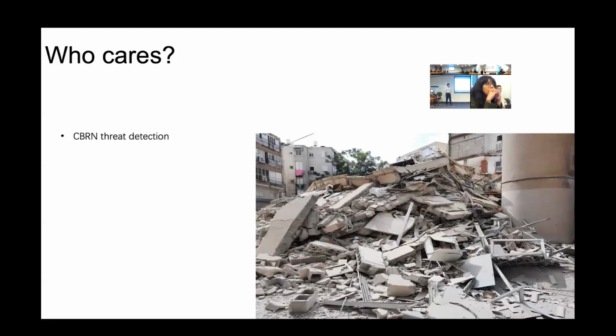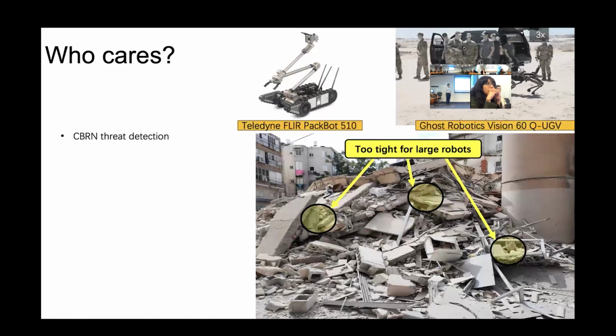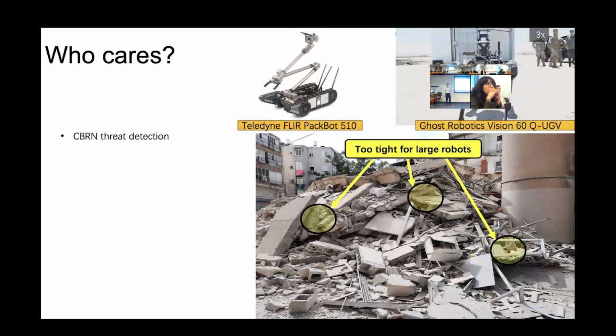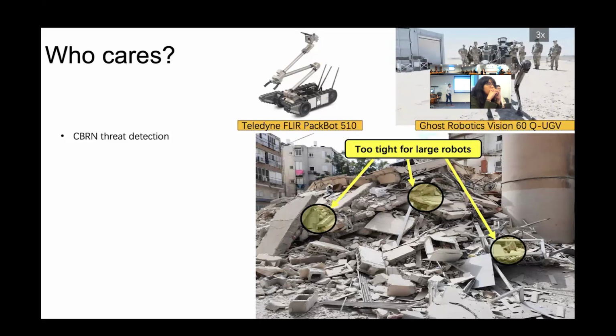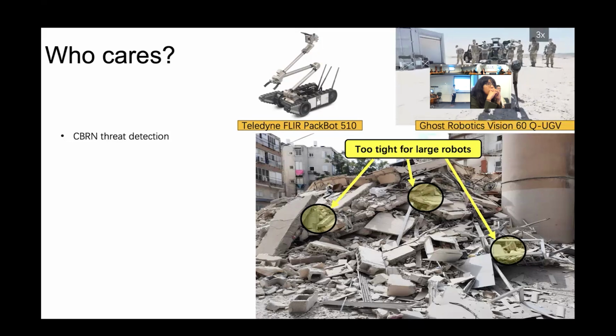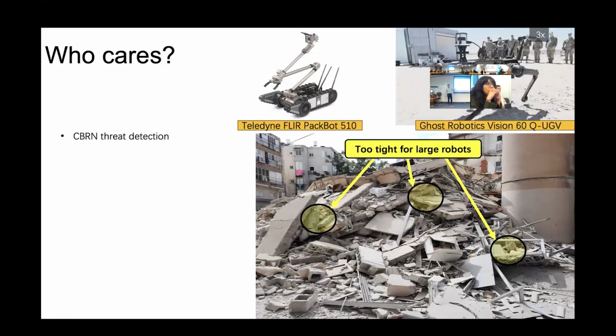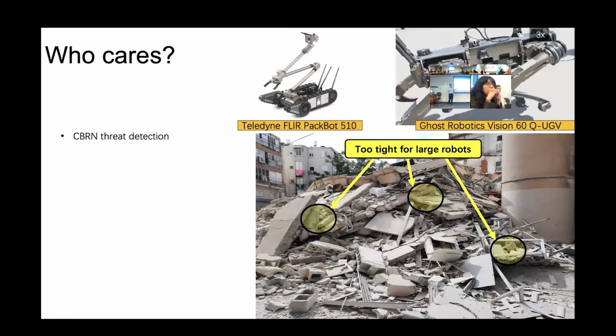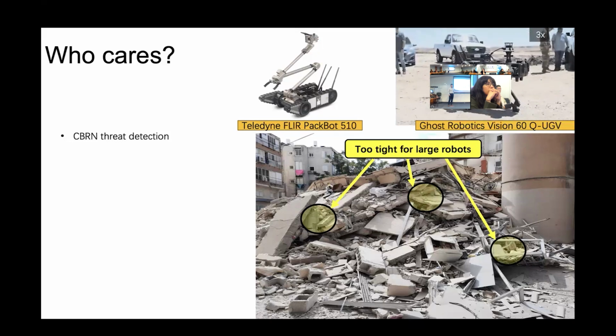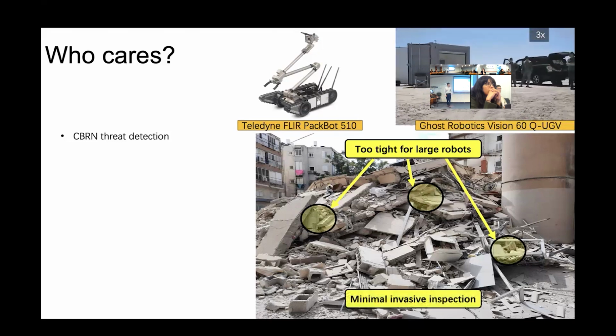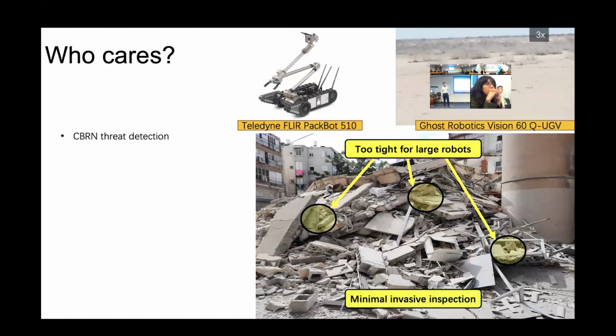For the robot to go inside those buildings, those holes or tunnels are too tight for large robots. And further, we don't want to have large forces on those loose materials, which can cause further collapses. So we want a lighter robot for minimum invasive inspections.